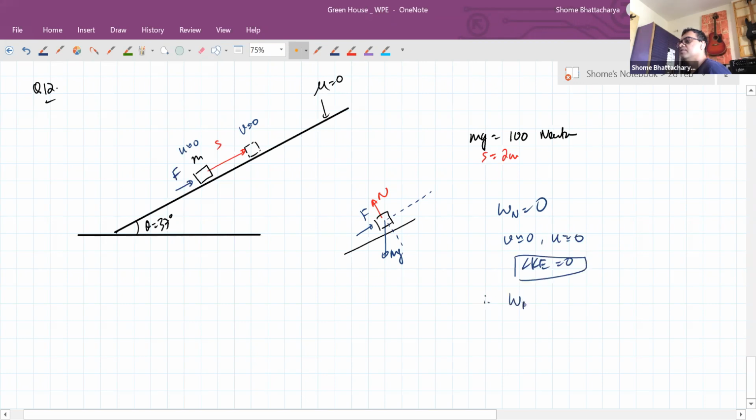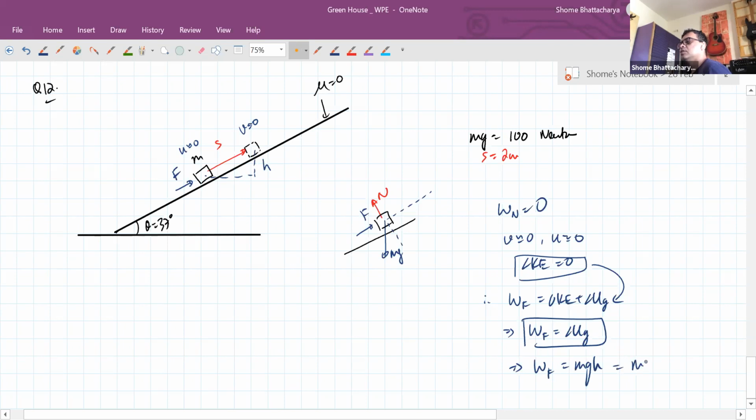So work done by F should be equal to change in kinetic energy plus change in potential energy. So work done by this external force is change in gravitational potential energy, because here kinetic energy is tending to 0. So you can see this vertical displacement is h, and that is nothing but s sine theta.